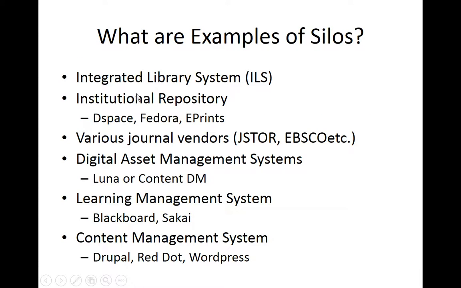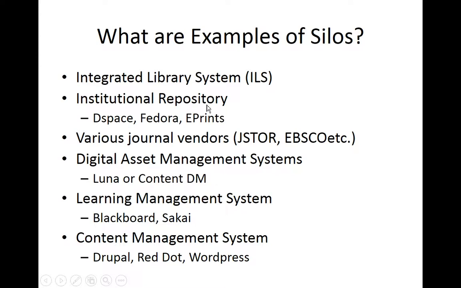And so here's some examples of some silos. Not all of these are necessarily silos today; some of these silos can talk to other silos. They can be interoperable, but these are ones that have become siloed in the past, maybe not necessarily today. So one example would be the ILS or the OPAC in a public library or academic library.